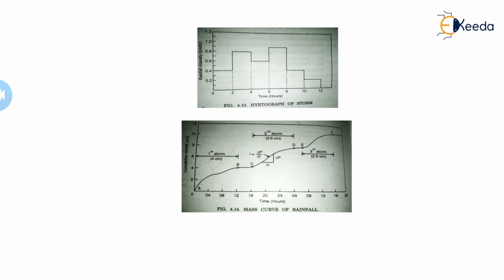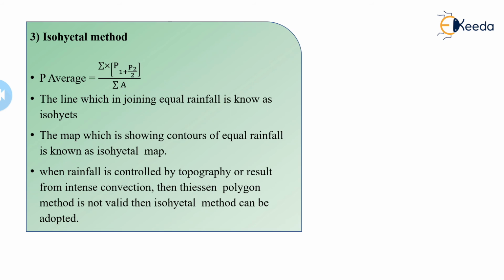That will give you the average precipitation by using the isohyetal method. Like contouring, where we join lines of equal RL to represent the characteristics of ground level, here when we join equal rainfall intensity, it gives us a map.